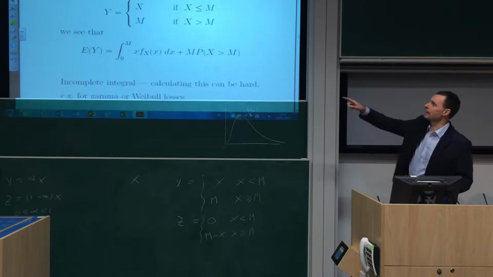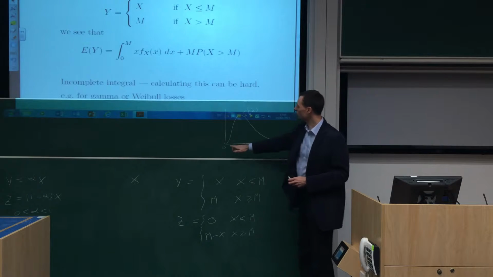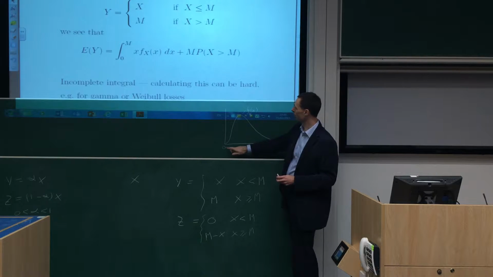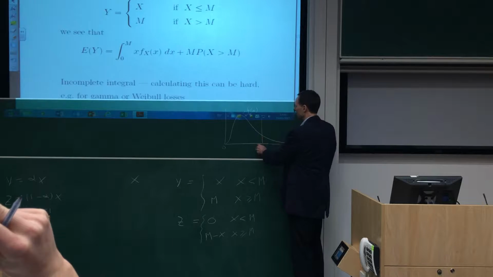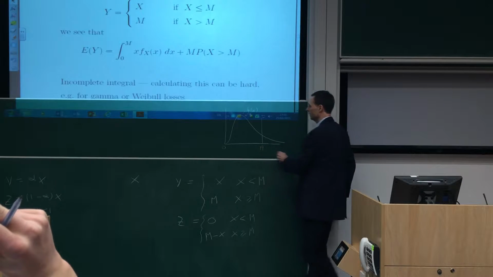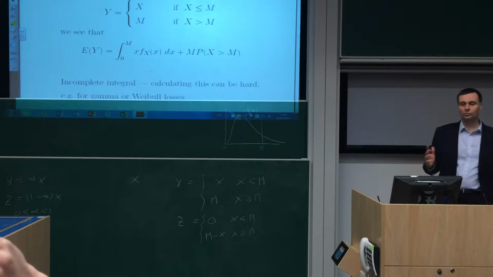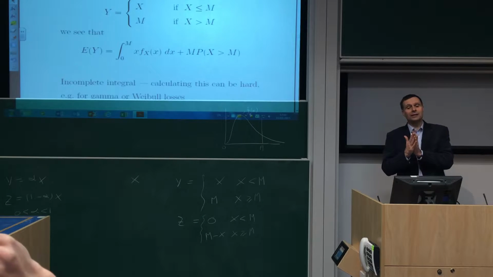So what will be E of Y? Well, what is the distribution of Y? From 0 to M, it's exactly the same as X. If X is less than M, the distribution of Y is exactly the same.